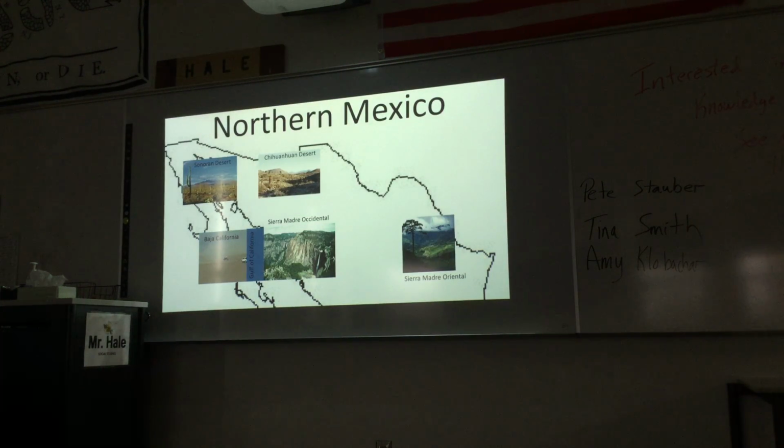Then we've got a couple mountain ranges here: in the western side, the Sierra Madre Occidental over here, and then the Sierra Madre Oriental runs over here.